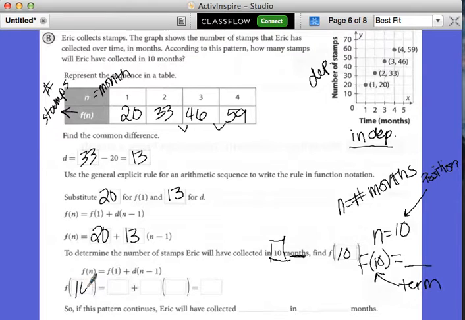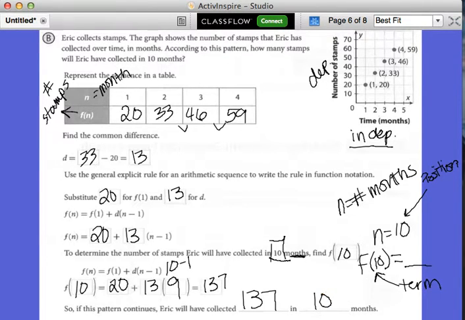All right, so f of 10 is equal to 20 plus 13 times, well, 10 minus 1, because 10 is what we're putting in wherever n is. So times 9, and again, we'll just quickly do the math and get 137. So if this pattern continues, Eric will have collected 137 stamps in 10 months.